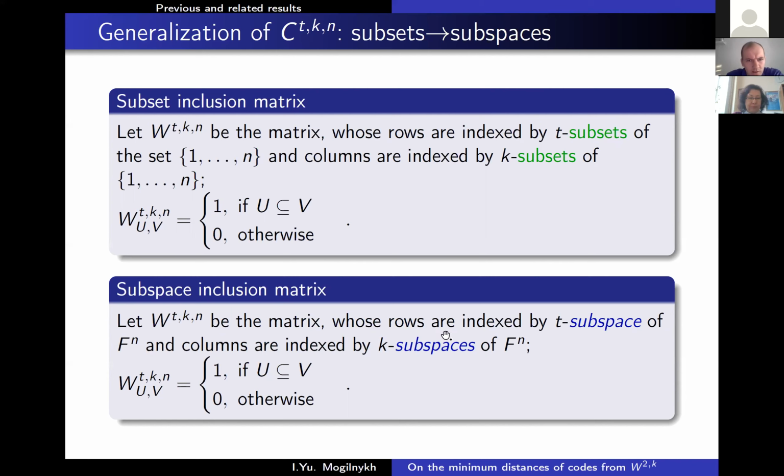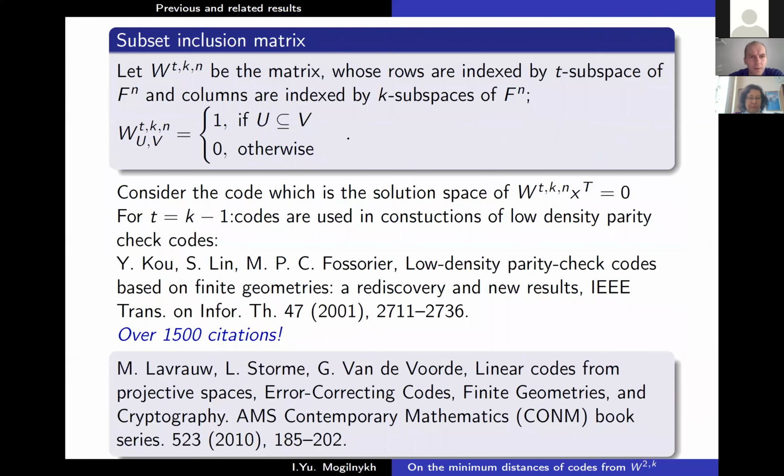Now we consider a matrix with rows indexed by t-subspaces and columns indexed by k-subspaces of the n-dimensional vector space F^n. In the same manner, we define the inclusion matrix. Its (U,V) element is 1 if U is a subspace of V and 0 otherwise.